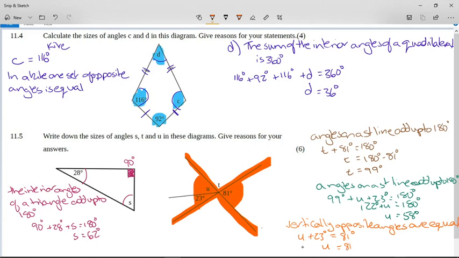So U equals 81 degrees minus 23 degrees. And if you put that in your calculator, 81 minus 23, you will end up with 58 degrees. So often in geometry, there's more than one way to solve a problem. And if you remember all your geometry rules, it will make life significantly easier for you.